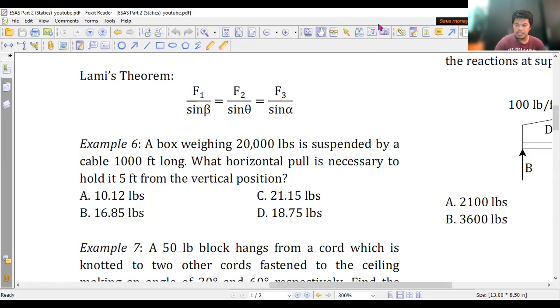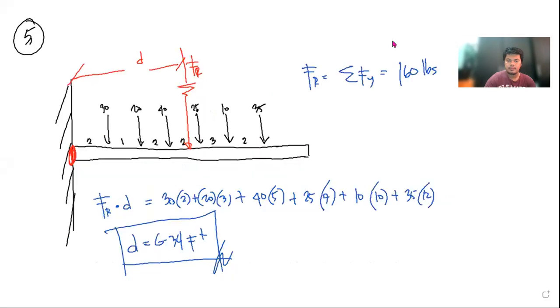Again, for simplicity, we can draw the free body diagram. So let us say initially, according to the problem, this would be for problem number 6.